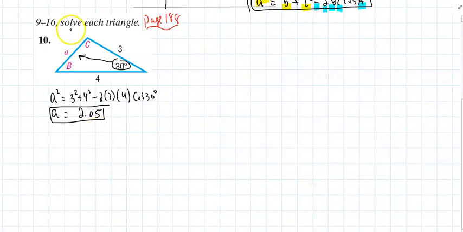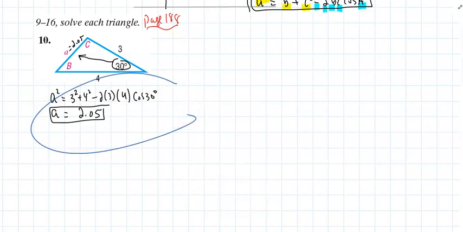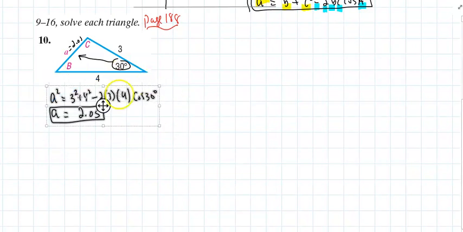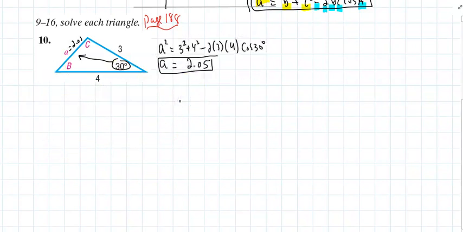And now that I know that this side right here is 2.05, I could either use the law of cosine to finish the problem or just use the law of sine. That is, I could say, now I know this, the sine of B over 3 equals the sine of 30 degrees over 2.05.